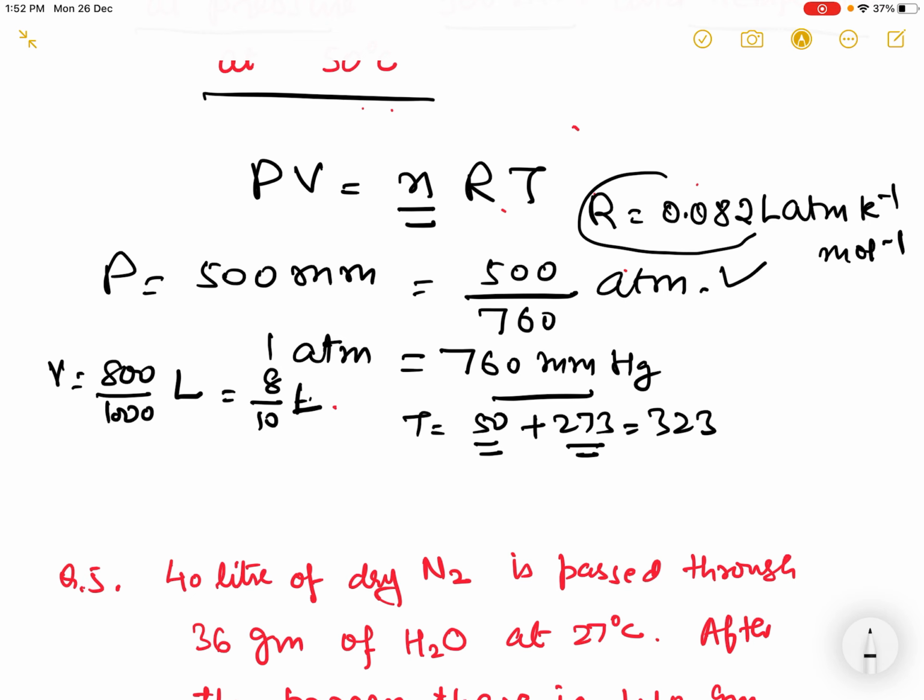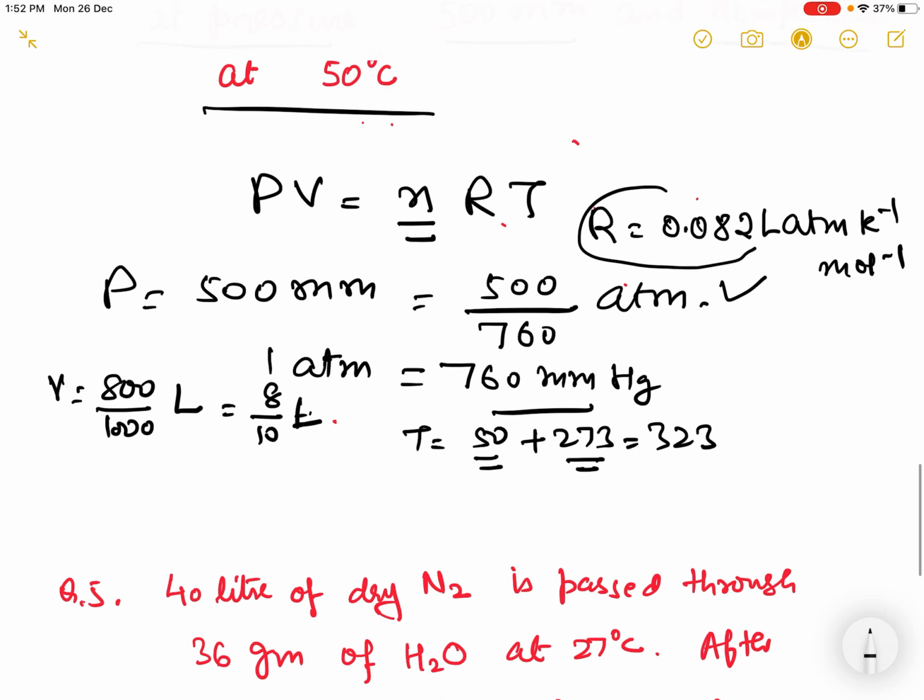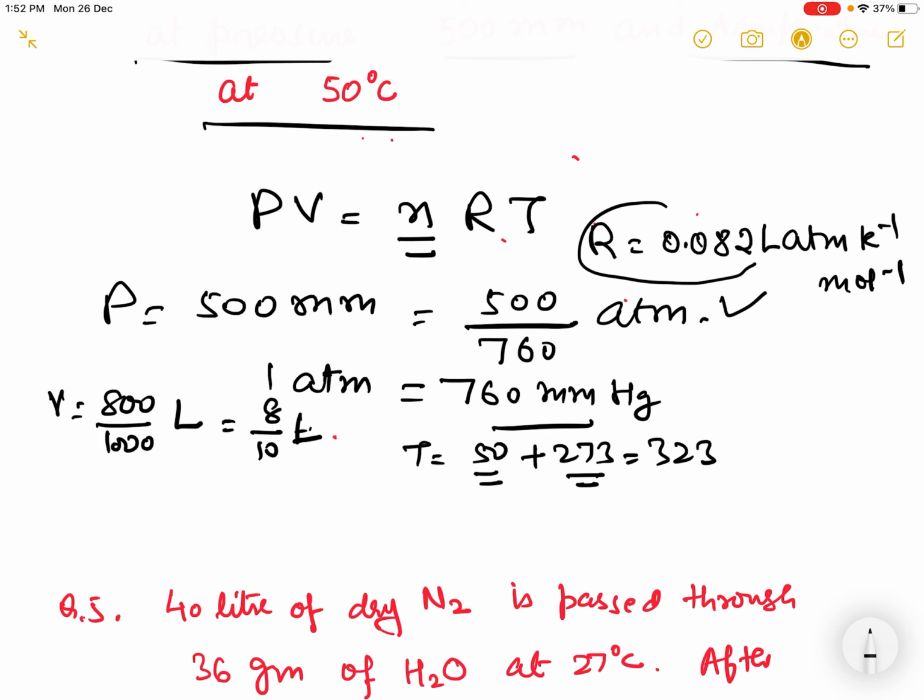Now if we calculate it, we have to calculate number of moles. n is equal to PV divided by RT.